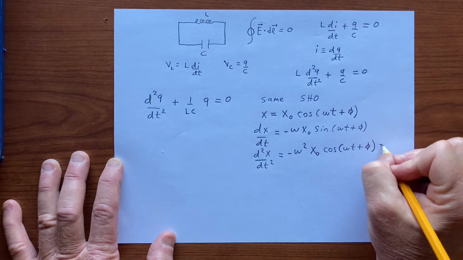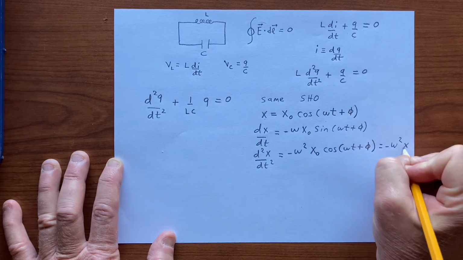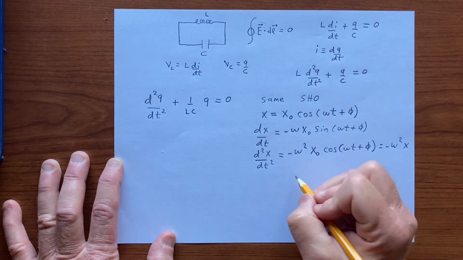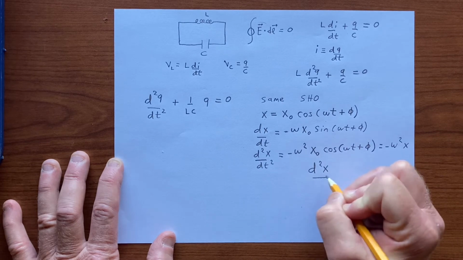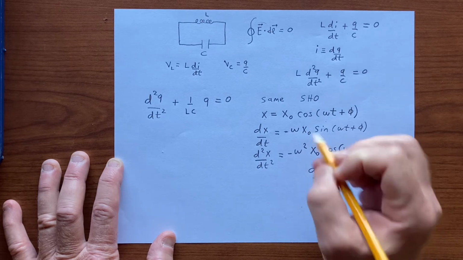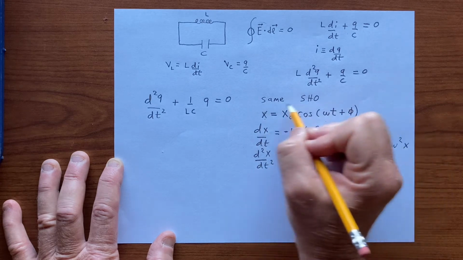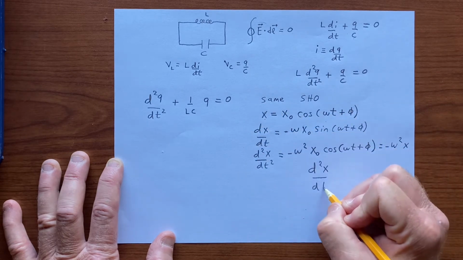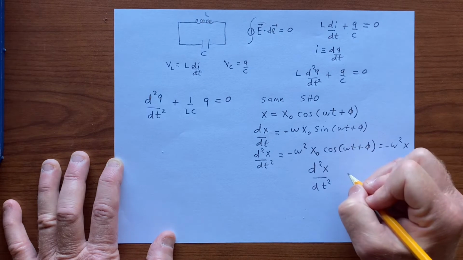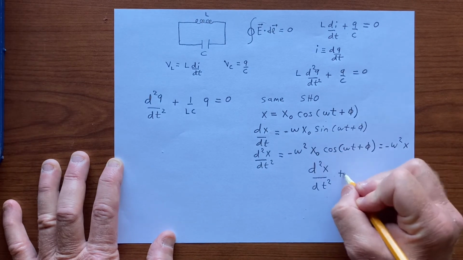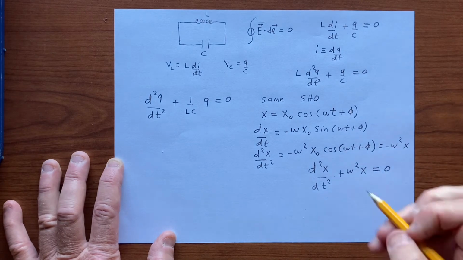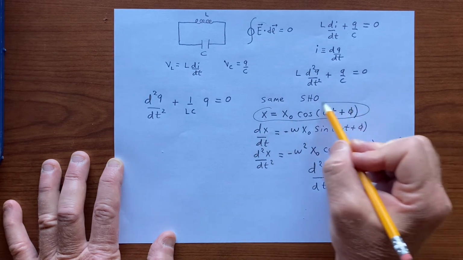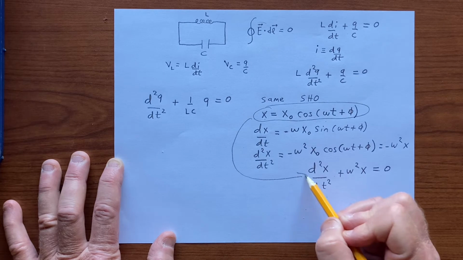But notice that this is minus omega squared times x itself, and so in other words, what we've just shown is that this equation here for x solves this equation. Let's bring this to the other side, plus omega squared times x equals 0. And so this is the solution to this equation. We just went the other way around.